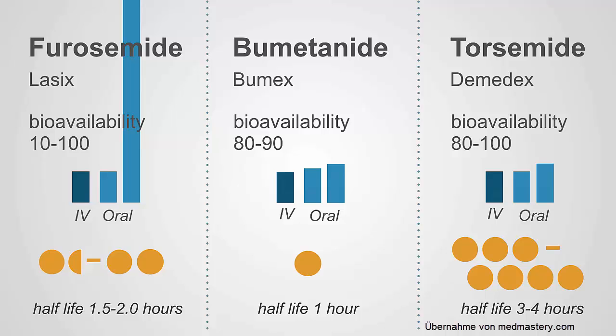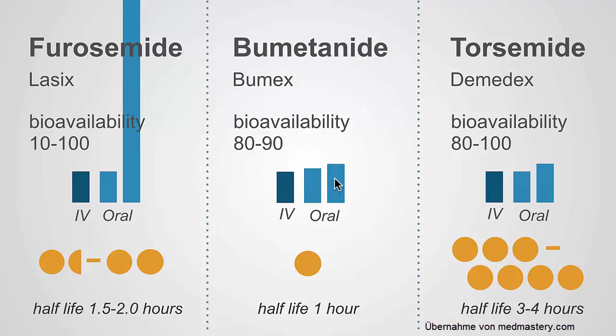Now they vary primarily from Lasix in terms of bioavailability. I'm going to talk a little bit about bioavailability later, but essentially bioavailability is the ratio of an IV dose to what you need orally. So as you can see with Lasix, if you give this much IV, you'll either need the equivalent amount orally or a whole bunch more. And it's hard to predict what the case is on any individual patient. Whereas the bioavailability of Bumex and torsemide is much more predictable.